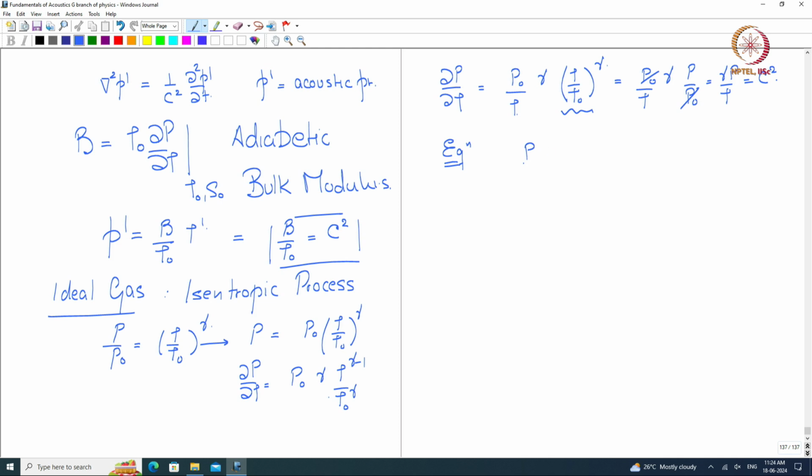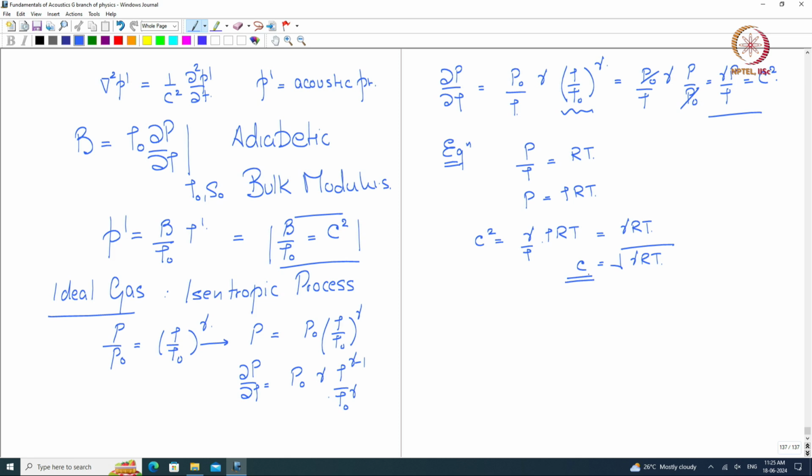So that P is equal to rho RT, and therefore from here my c square is equal to gamma RT, the famous equation c is equal to square root of gamma RT, the speed of sound.